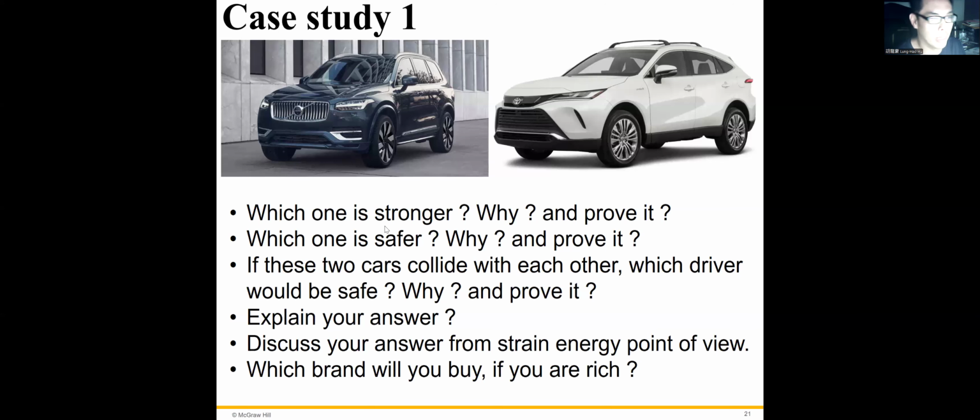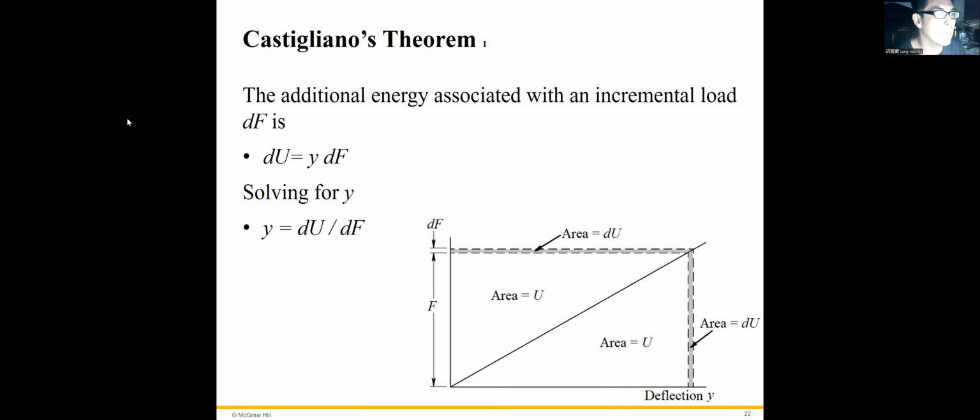So this is one example of strain energy and the additional energy associated with the incremental load, dF. We apply a small incremental load, which corresponds to additional energy. The additional energy equals the deflection y times the incremental load, and we can solve for the deflection: it equals dU/dF.